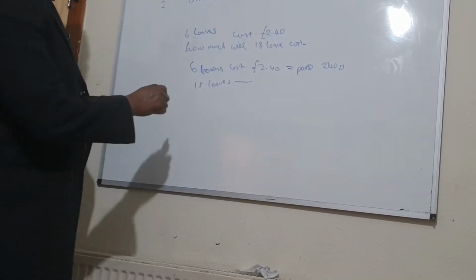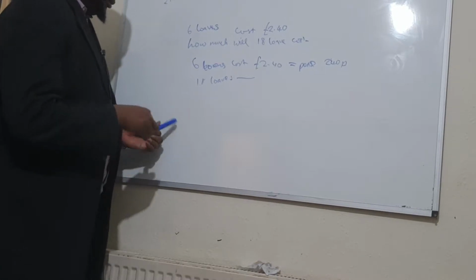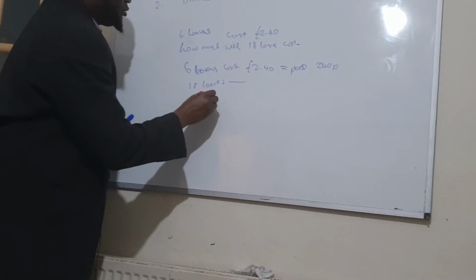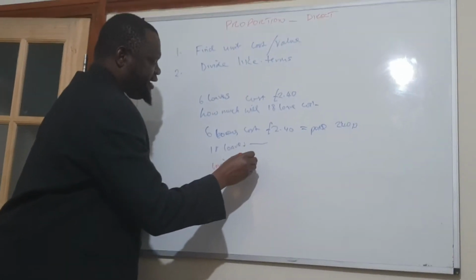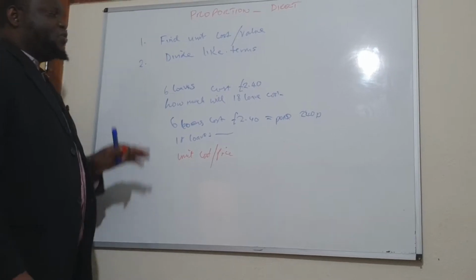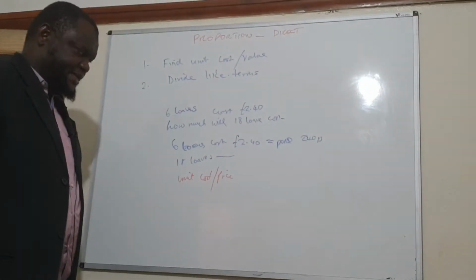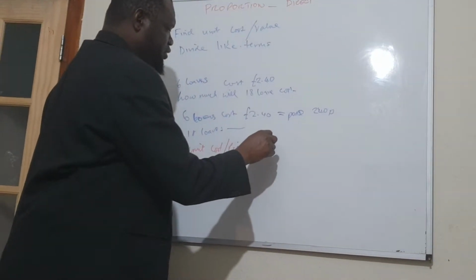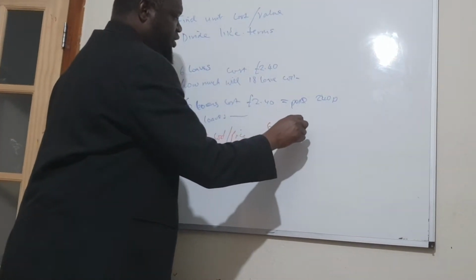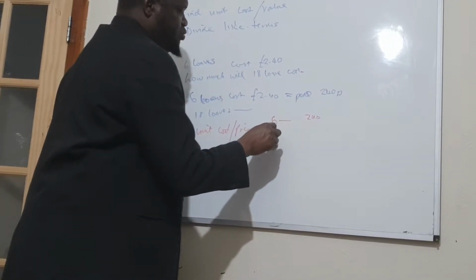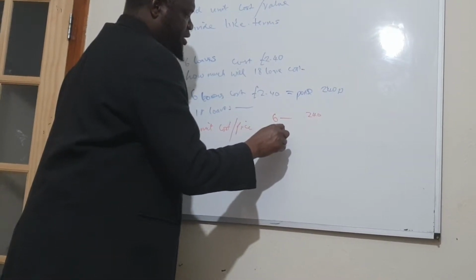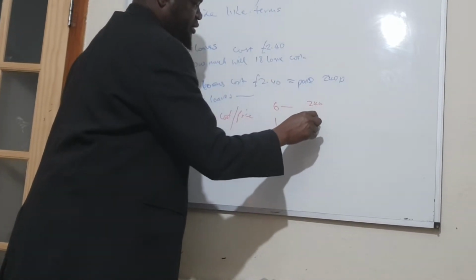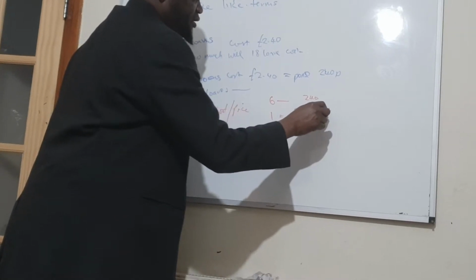So the unit cost method, or unit price, means what is the cost of 1 unit of bread? If 6 bread cost 240, then one bread will be 240 divided by 6, isn't it?